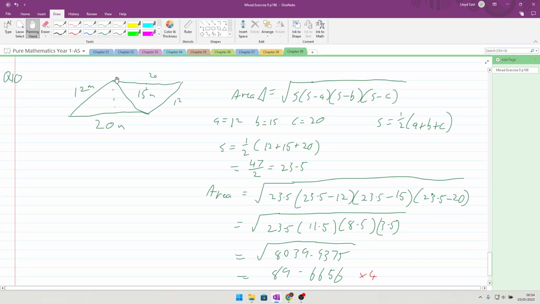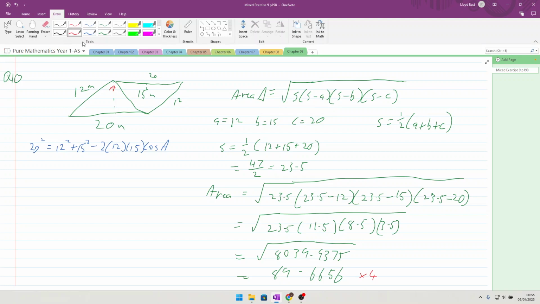If you don't know Heron's formula, you need to use something else to quickly find an angle in here. So let's quickly use cosine rule, and let's say that 20 squared is equal to 12 squared plus 15 squared minus 2 times 12 times 15 times the cosine of angle A, which we'll mark as this angle up here.